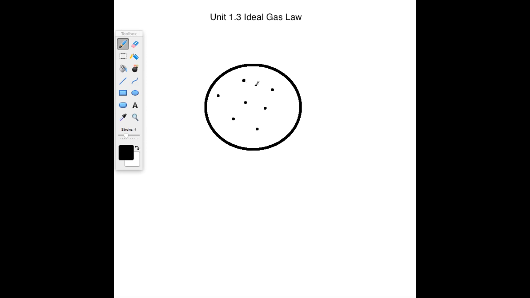So, for example, let's pretend that this balloon full of gas molecules, where each of these gas molecules are now people. And they're in this rubber balloon and they're trying to get out, right? So they're pushing to get out.